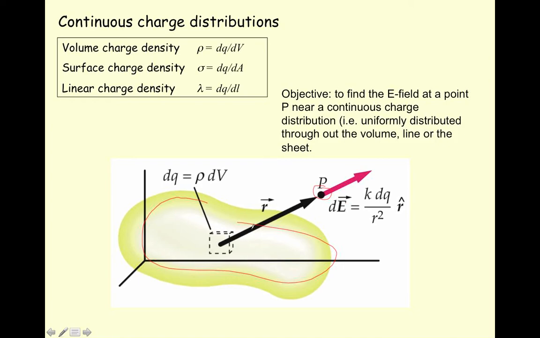The way you do that is by taking a delta Q, which is equal to rho V from these definitions, and that will give you an infinitesimal contribution of the electric field due to this charge dq.